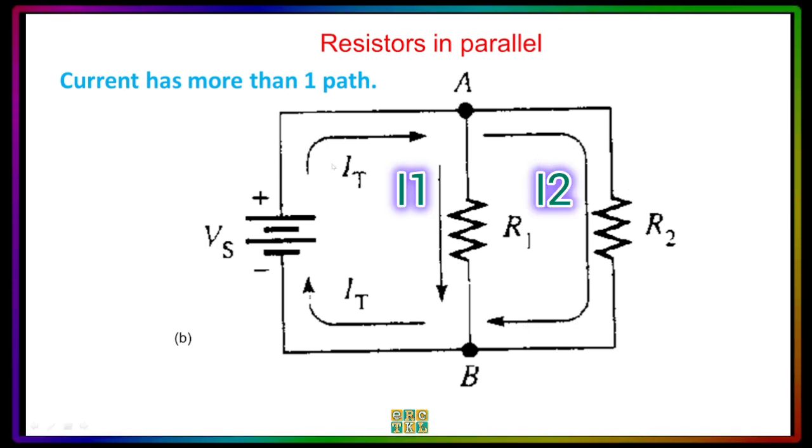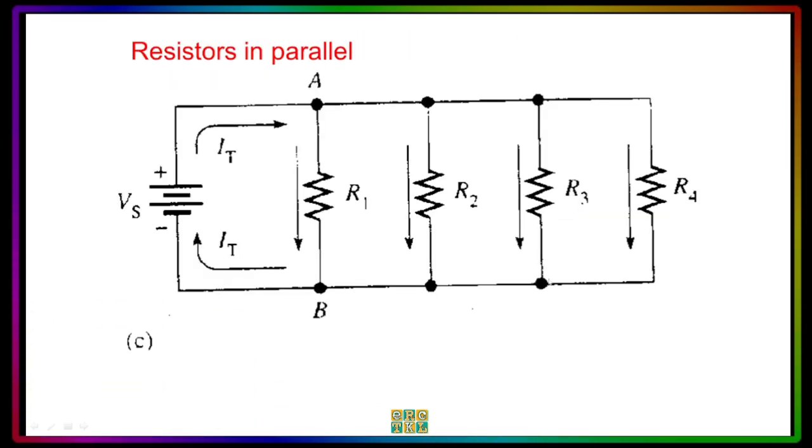Compared with the series, there are now three currents in our circuit. We have IT, one current going through R1 and another current going through R2.